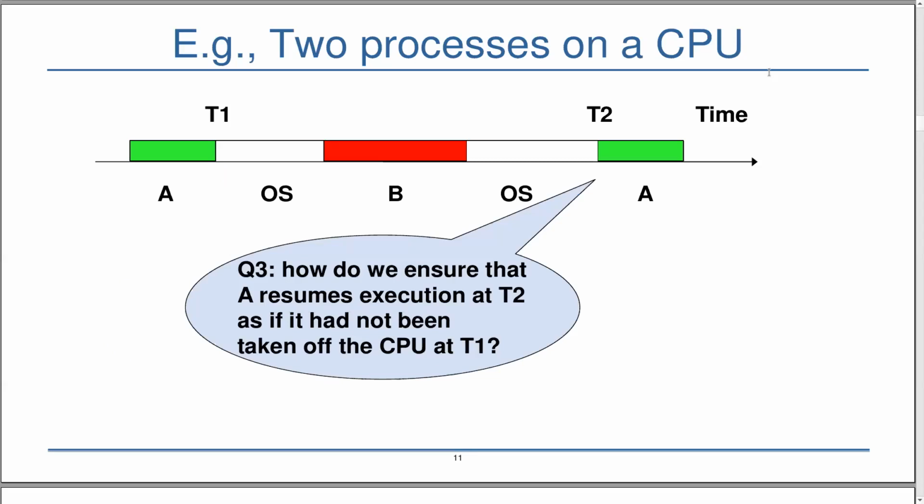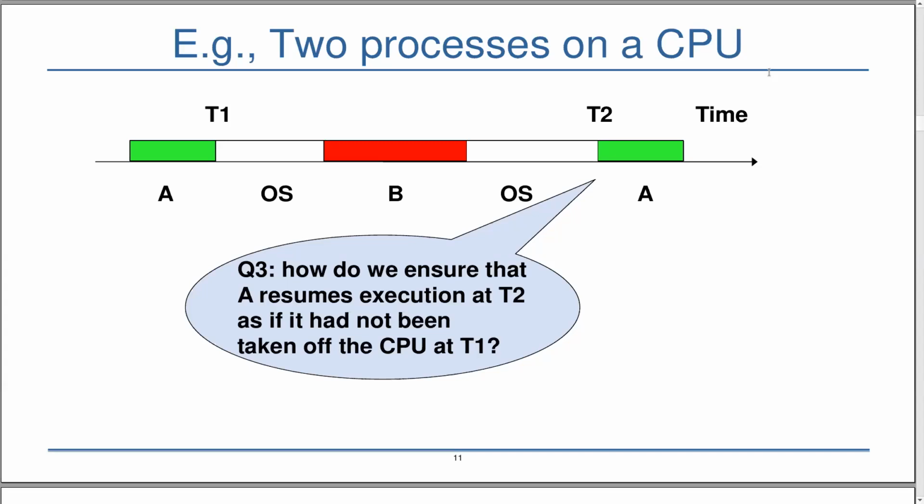The third question is, how do we ensure that A resumes execution at T2 as if it had not been taken off the CPU at T1? A was running initially, then for whatever reason it was descheduled, and we scheduled another process B. How exactly we switch back is a different question, but somehow B was scheduled.